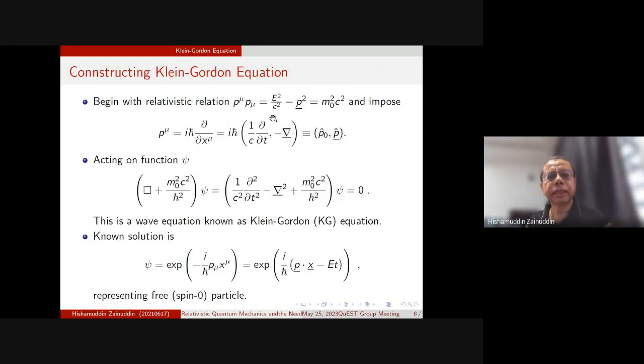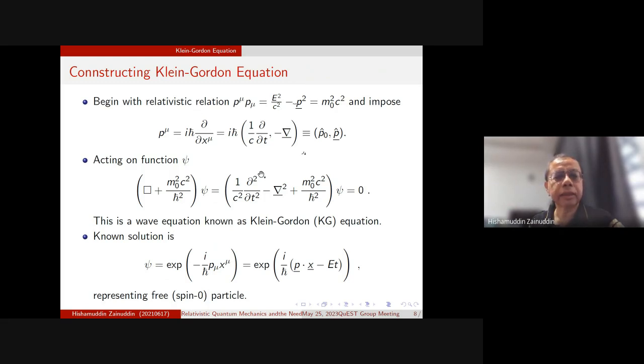Then you get the same thing that you have seen in non-relativistic quantum mechanics. I'm just assuming that operator status for p^μ, and then simply plug this into the relativistic equation over here.